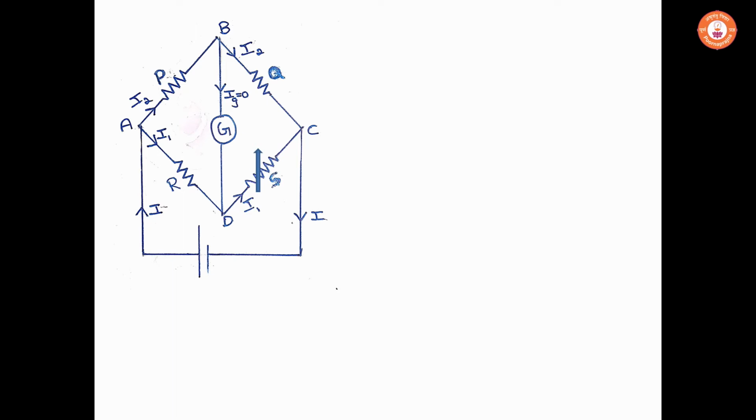Now at balanced condition, Ig is equal to 0, Vb is equal to Vd. The voltage difference between B and D is 0, which means B and D are at the same potential.